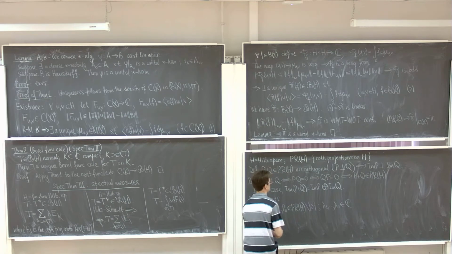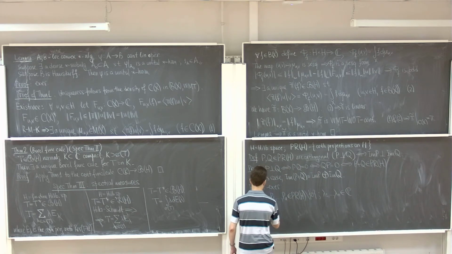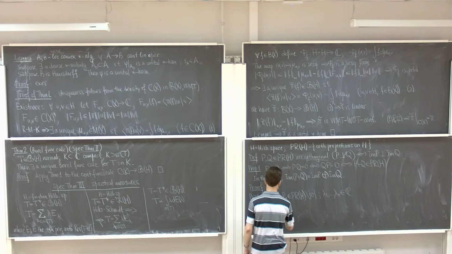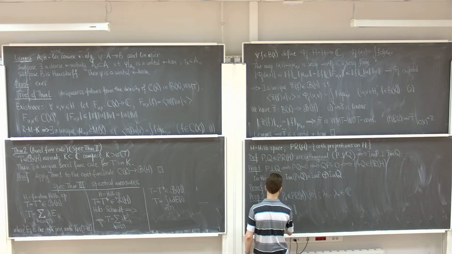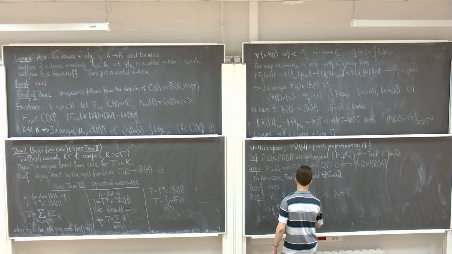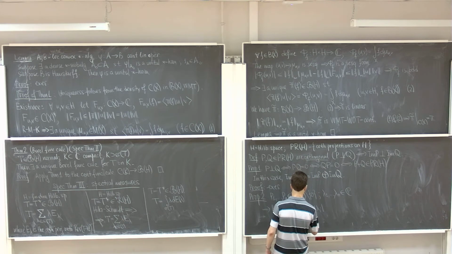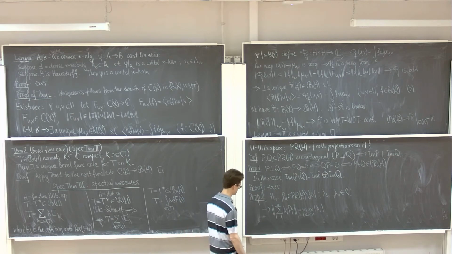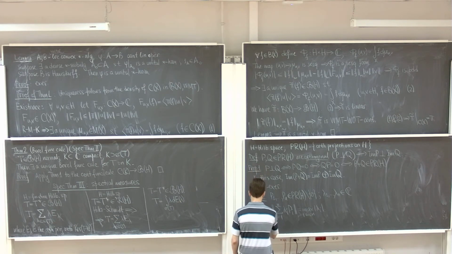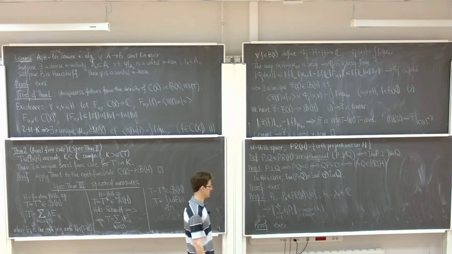Then the norm of the following linear combination, the sum of lambda i P i from 1 to n, is the maximum of the absolute values of the lambda i's. Again, the proof is a simple application of the Pythagorean theorem. So this is an easy exercise.